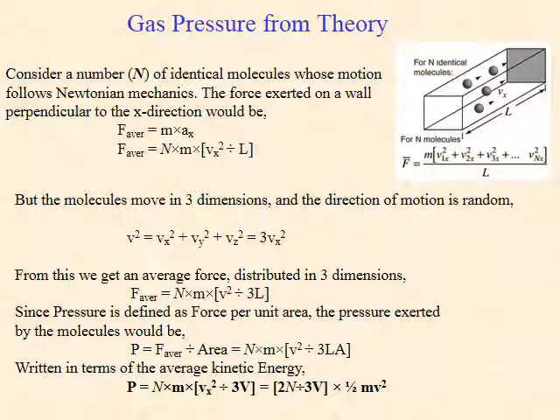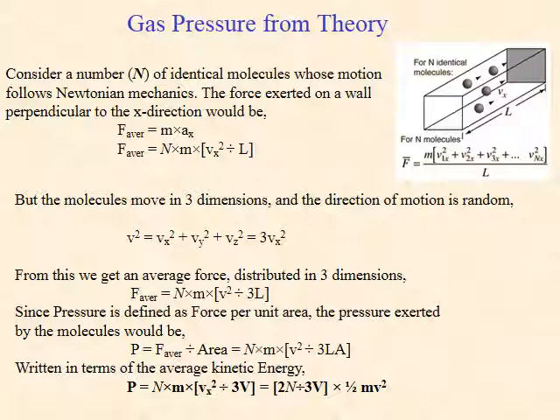Consider a number of identical molecules whose motion follows Newtonian mechanics. The force exerted on a wall perpendicular to the x direction would be the product of mass times acceleration. The acceleration can be expressed as the velocity squared divided by the length of the container. Assuming the motion is random, all 3 directions of motion are equally probable.